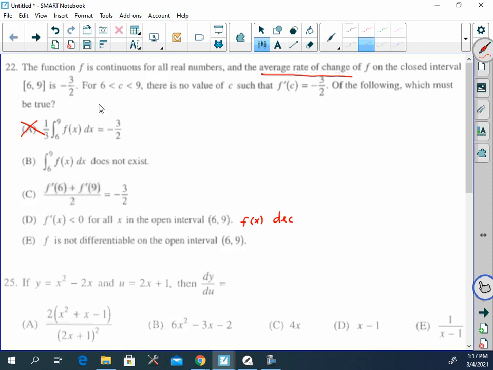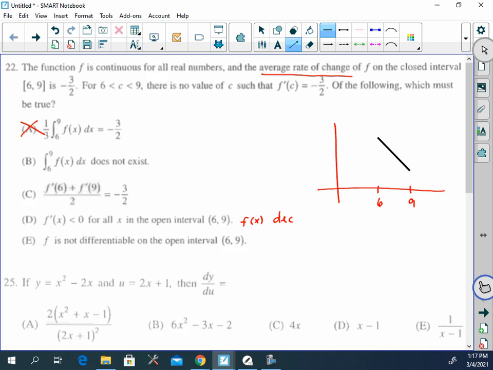Okay, let's see here on the closed interval from 6 to 9, there is no value of c such that the slope is equal to -3/2. So it's continuous, and we're going from here to here, and it's telling us that at no spot is there a slope that's equal to -3/2.